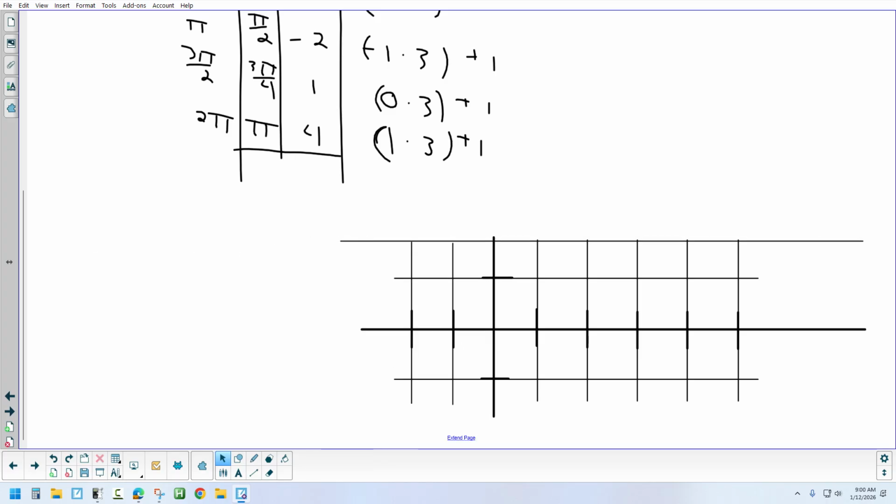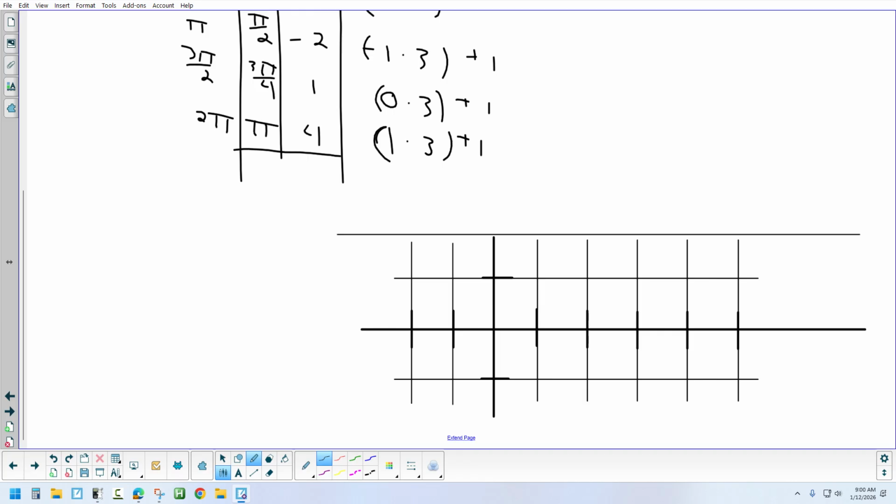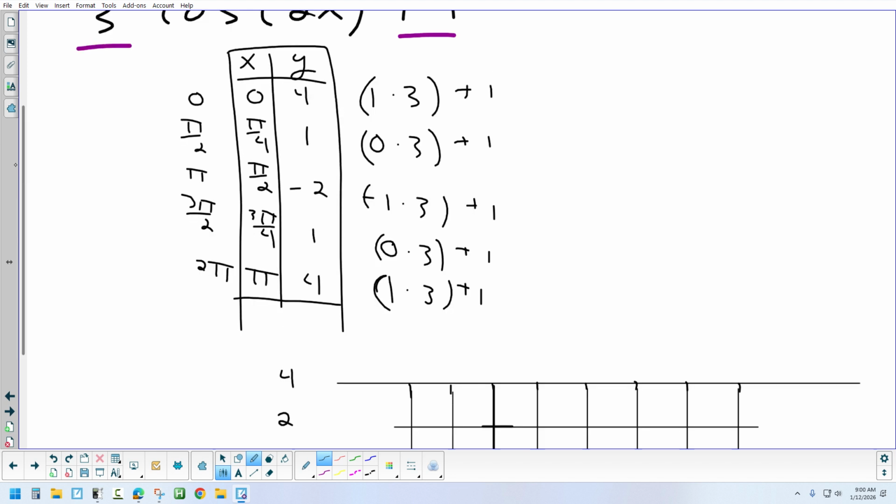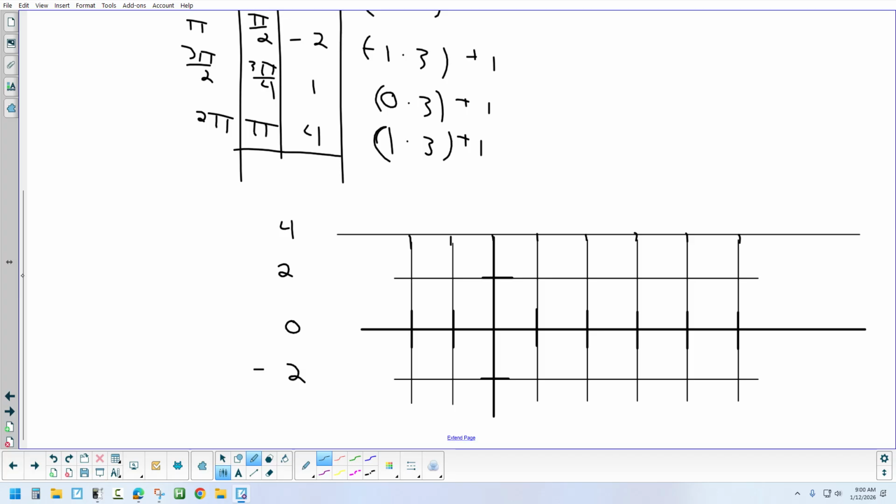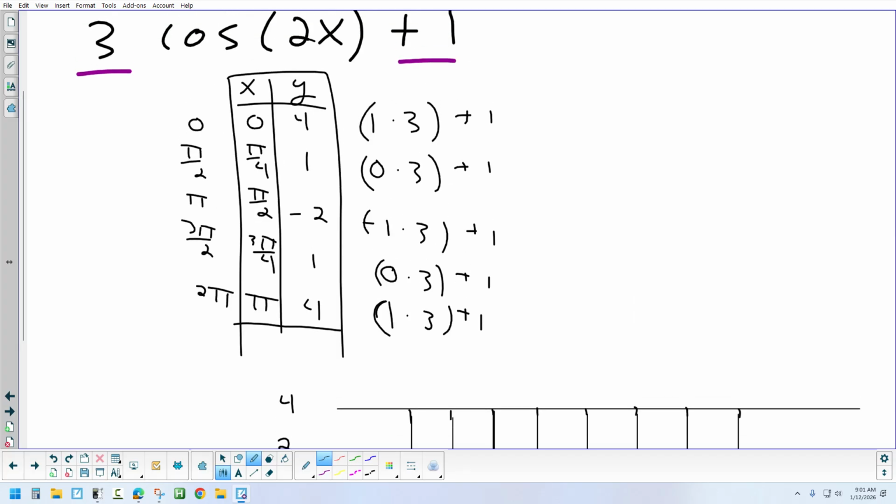Spacing's not that great. All right, so we got to go up to 4. So this will be 0, 2, 4. And we've got to go down to -2. Okay, looking at the x labels, I don't need any on the negatives.